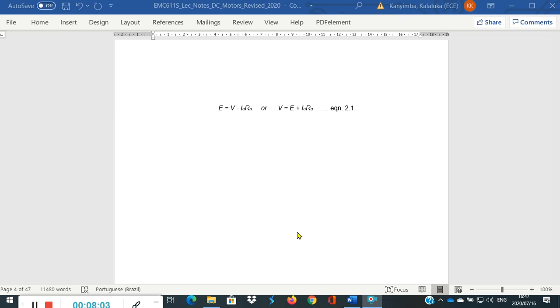Or in terms of the supply voltage as being the subject of the formula, V is equal to E plus Ia Ra. So let's call this equation 2.1 for reference. Now later we'll talk about E and also we'll talk about Ra.